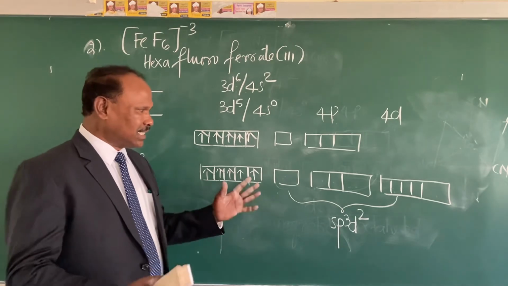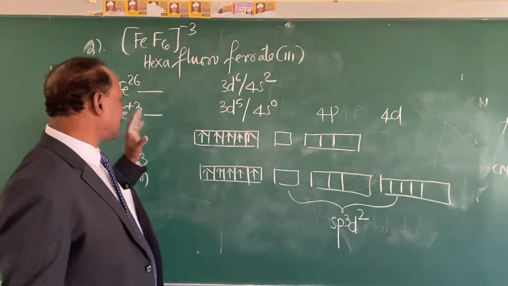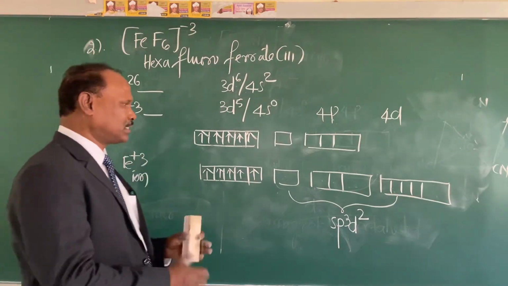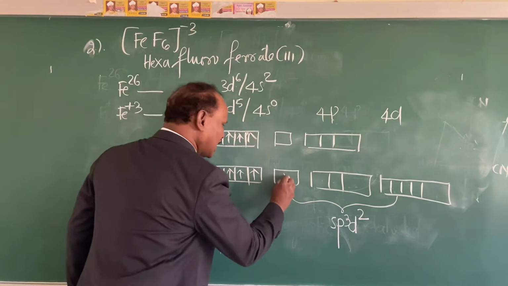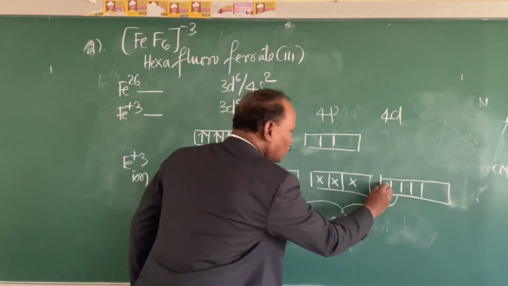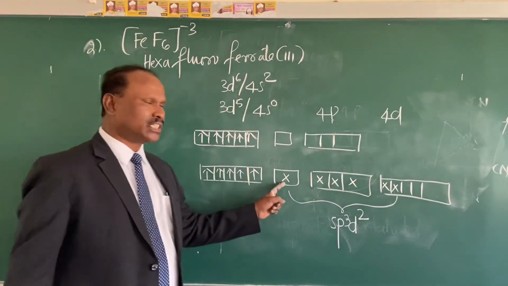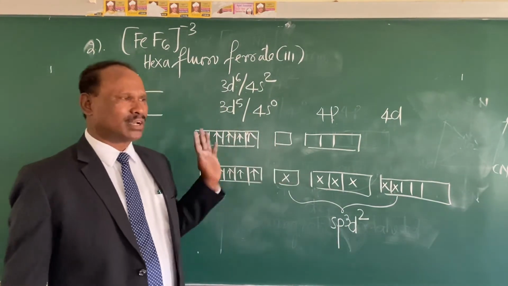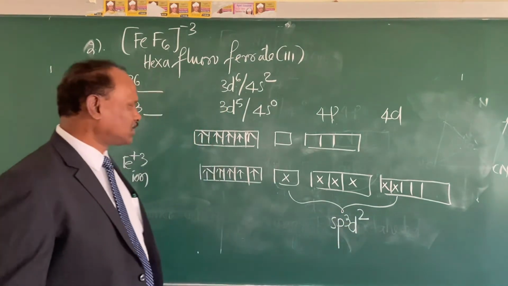So once they undergo hybridization, now this iron +3 ion accepts electrons from the 6 fluoride ligands. I will write like this, 1, 2, 3, 4, 5, 6. So already I said each X indicates a pair of electrons. So now observe this complex ion that is formed.